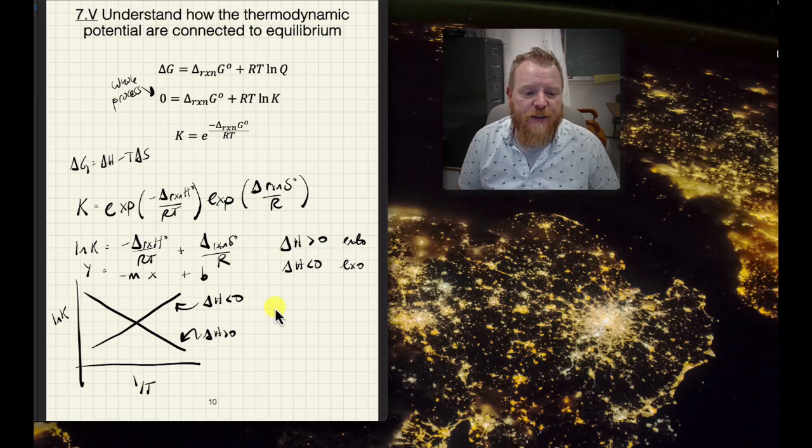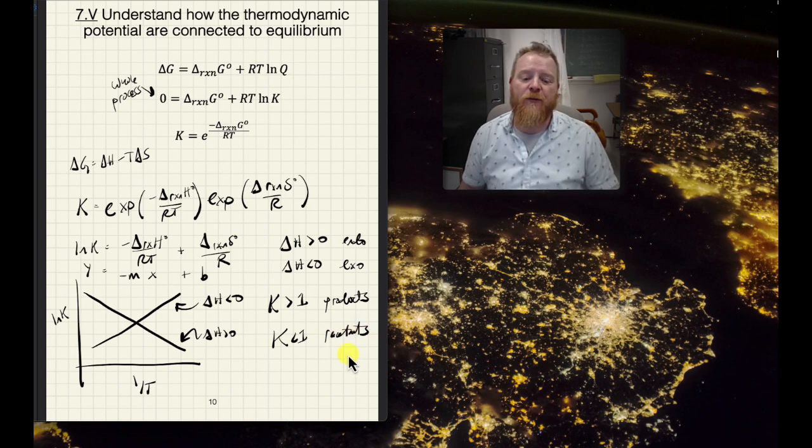Okay, so just as a reminder here, when we think about how these potentials are connected, when K is greater than 1, we recognize that products are favored, right? When K is less than 1, reactants are favored.